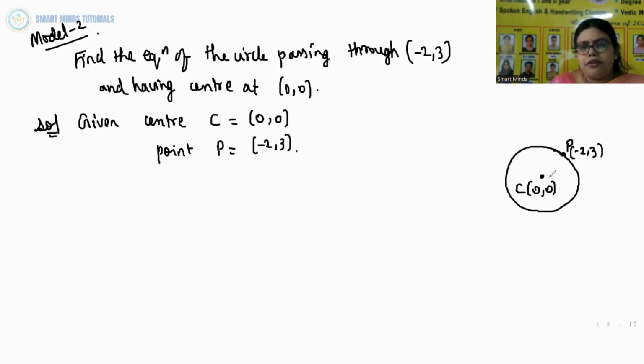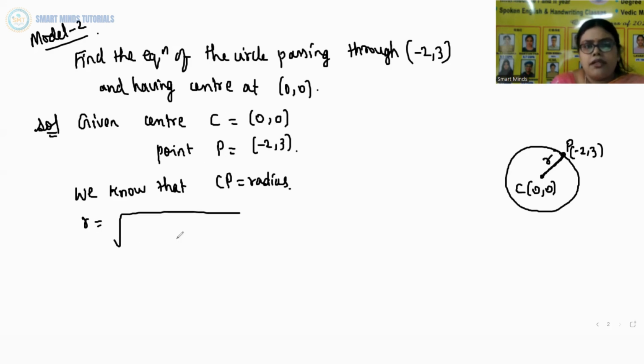You can see in the figure, if I join center and point, we get radius. So here write down, we know that CP is equal to radius, which means if we find the distance between C and P, we get the radius. That is root over, now we apply the distance formula: root over (x2 minus x1) whole square plus (y2 minus y1) whole square.